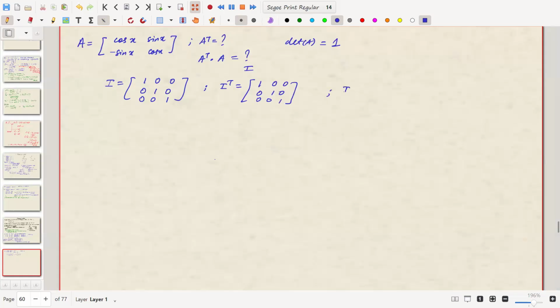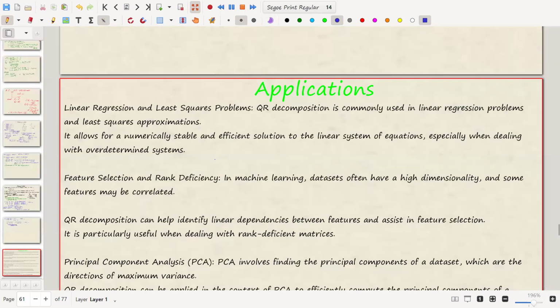Now if you do I transpose multiplied by I, what do you get? Again I. So this is the simplest example of an orthogonal matrix. Of course, the simplest example would be the 2 by 2, but this is a simple example.